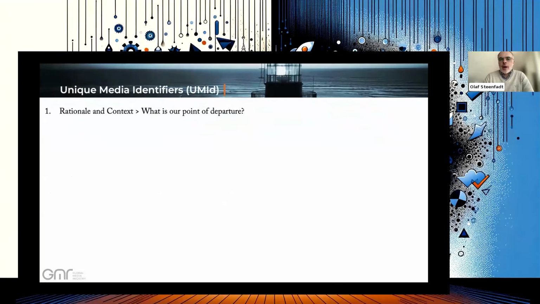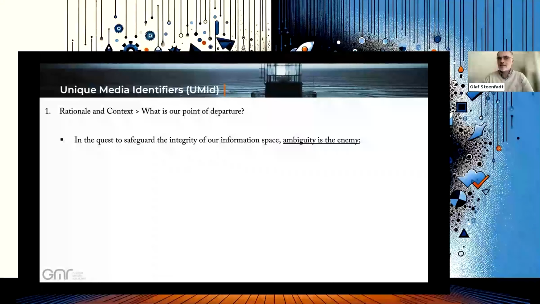So why do we do this and where does the idea come from? I think integrity of information, or integrity of the whole information space, is more and more becoming a buzzword. And wherever integrity or authenticity is needed, obviously ambiguity is the opposite and the enemy. And this is the case no matter if we talk about the unique media identifier or any other technical standard: the main purpose is to fight and to reduce ambiguity.